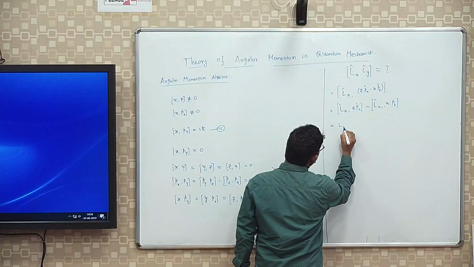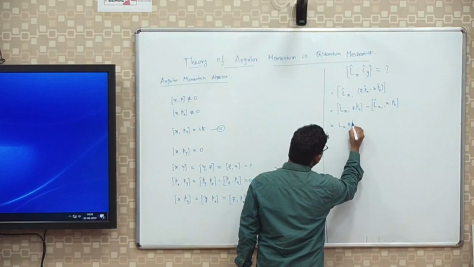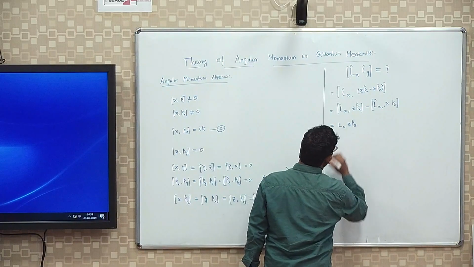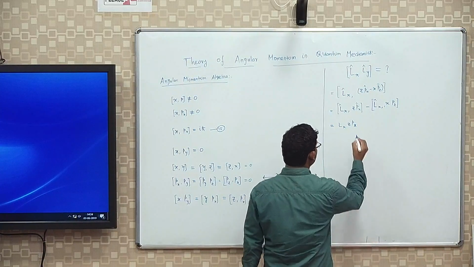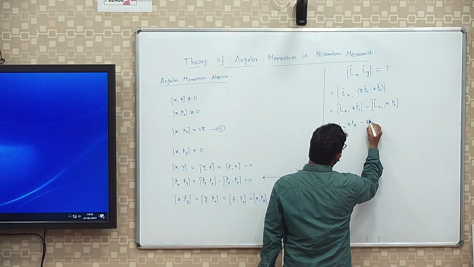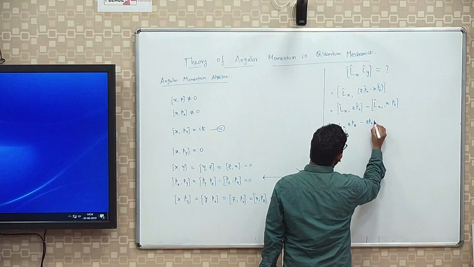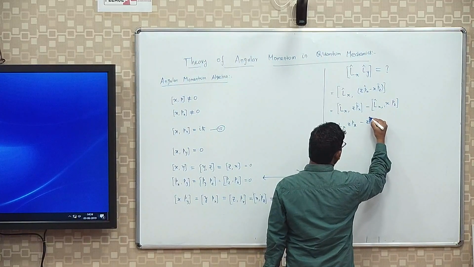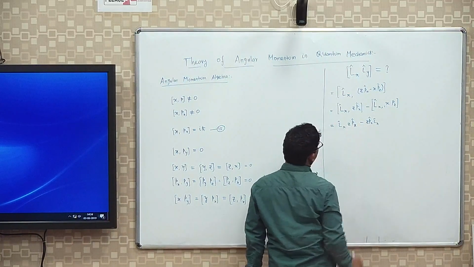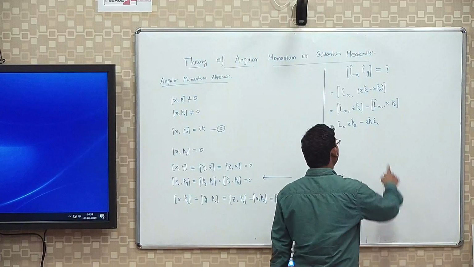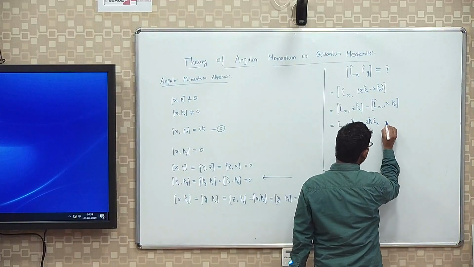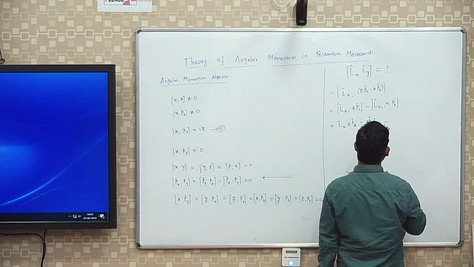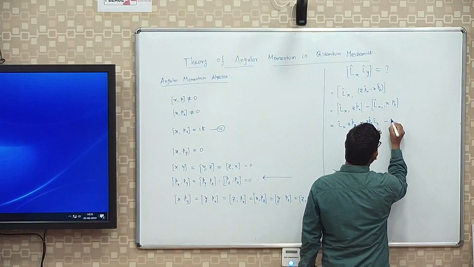So Lx z Px minus z Px Lx. Here already one negative sign is there outside, so you use it the same.